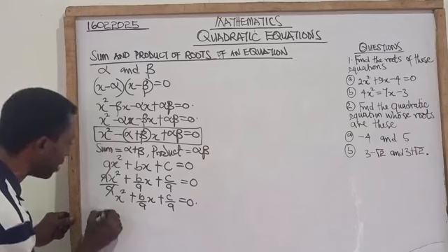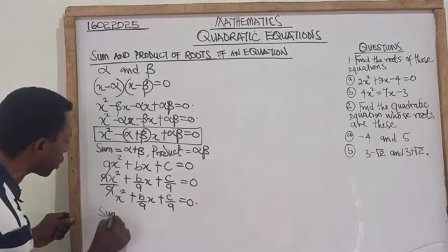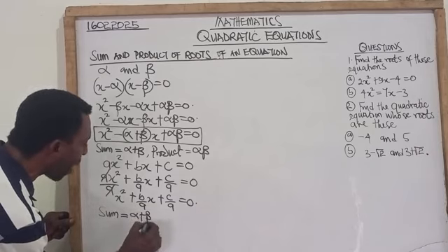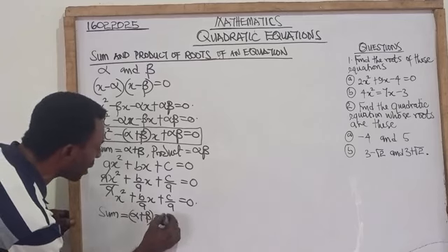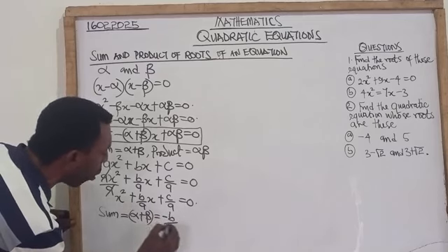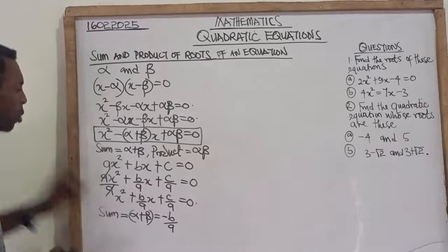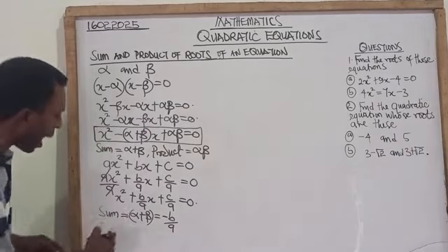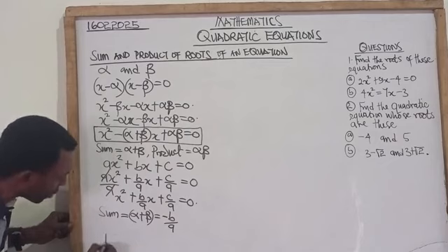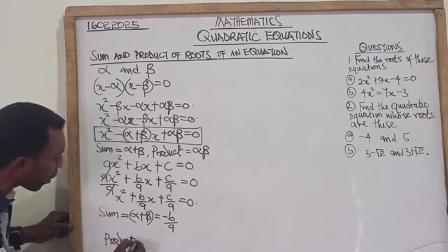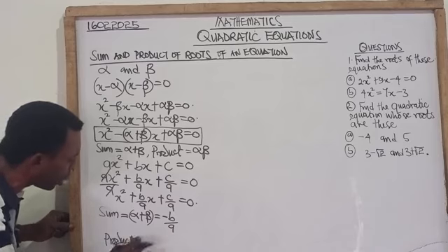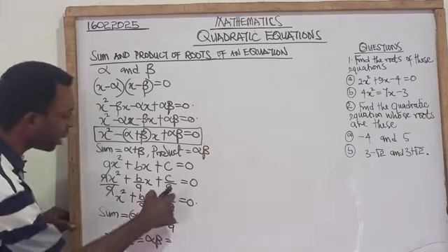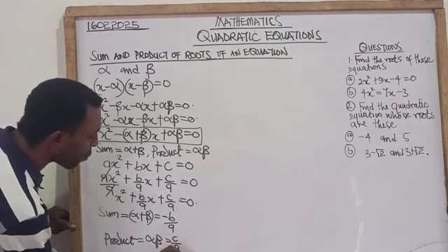From this, we can easily say that for the sum, alpha plus beta is the same thing as minus b over a. Don't forget that here alpha plus beta has a minus, and there is going to be an x at the back. That's for the sum. When we come to the product, alpha beta is equal to the last one, the constant, c over a.